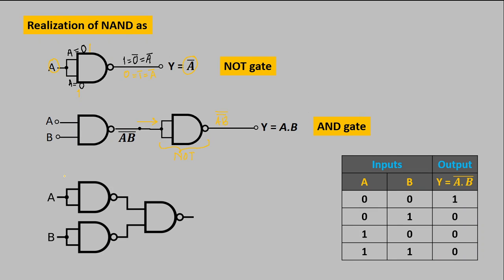And the final one: how you are going to use NAND gates only to create a final OR gate output. Here three NAND gates are used and they are connected in this fashion. Here A and B are connected separately to two different NAND gates.